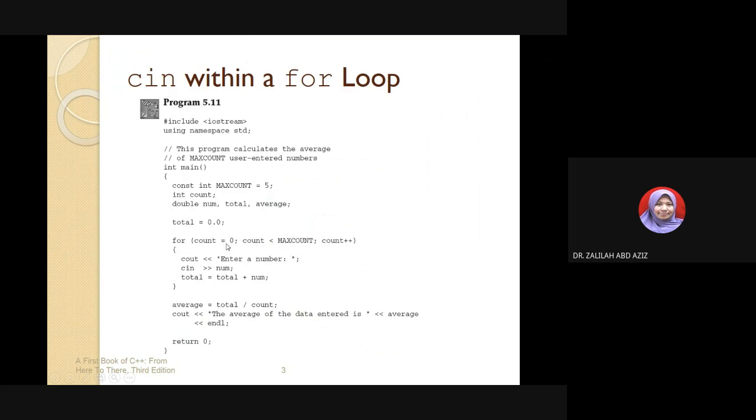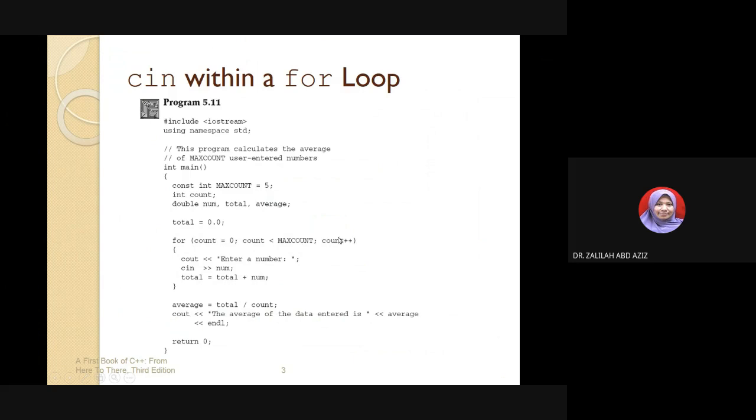Then the loop has finished. Then average is equal to total divided by count. Count here is taken from the loop, and the final value of count is 5, where the loop stops when count is equal to 5.